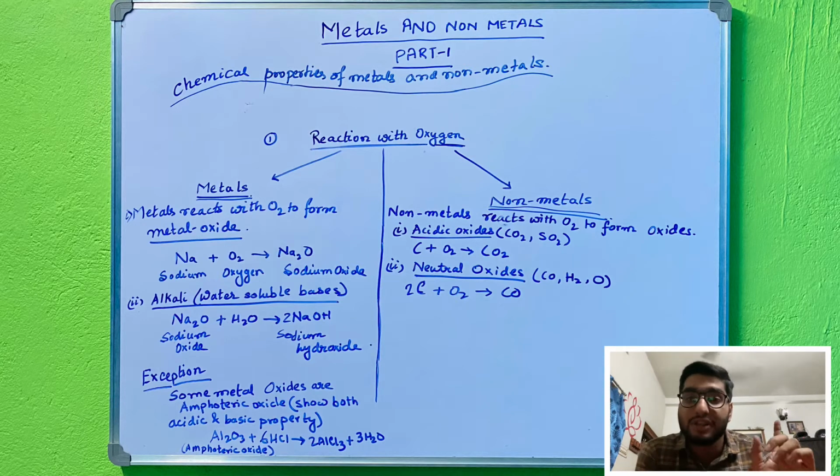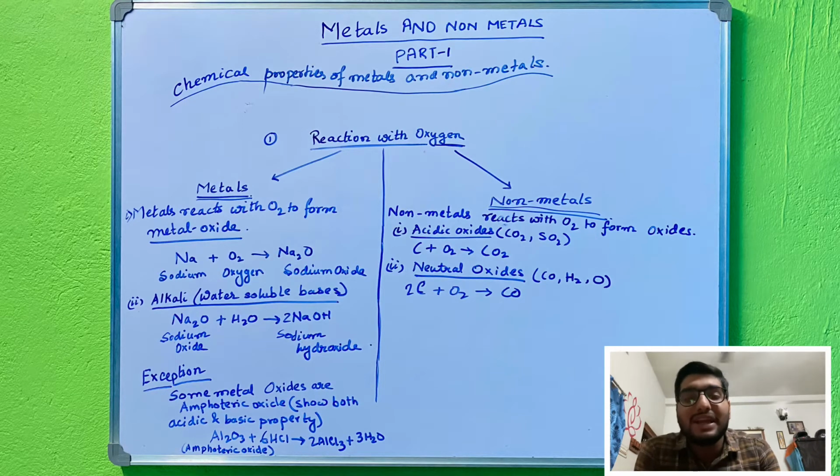You can see it on the board also. And there are certain neutral oxides also which are formed by the non-metals, like CO, H2O, these are all the neutral oxides. You can see one reaction also, that is C plus O2 gives CO. What is CO? CO is carbon monoxide. Okay, I hope you have got this.